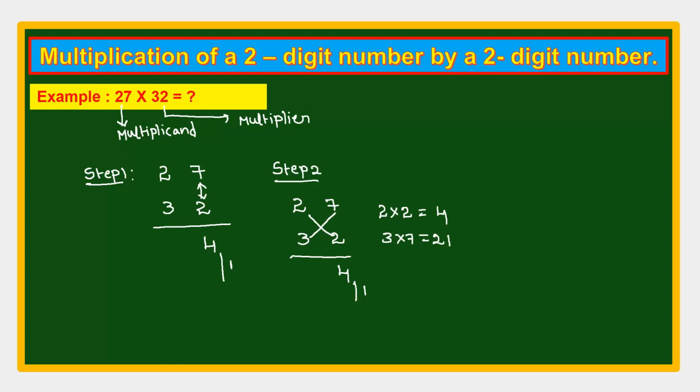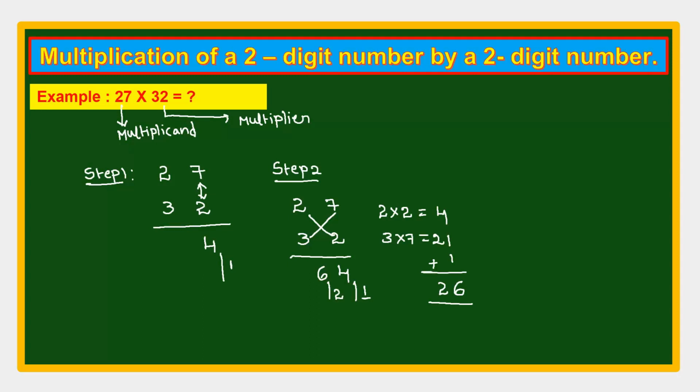So these two products we have to add, and this carry forward 1 also we have to add. 1 plus 1 is 2, 2 plus 4 is 6, and 2, 26. So we write 6 here and carry forward 2 here.